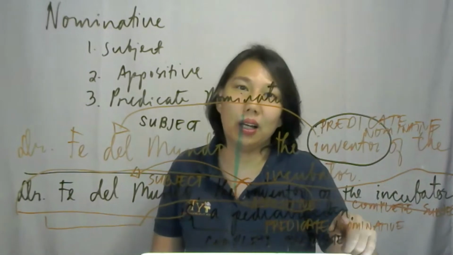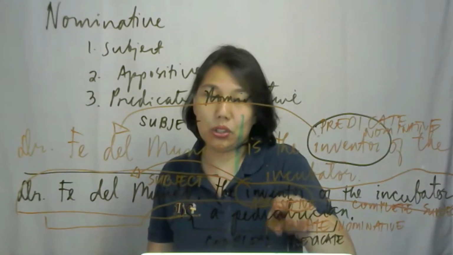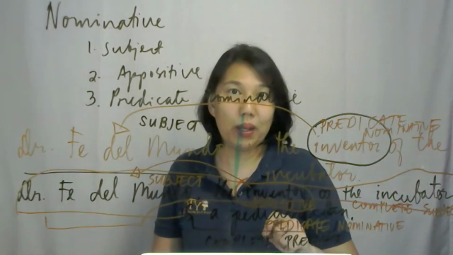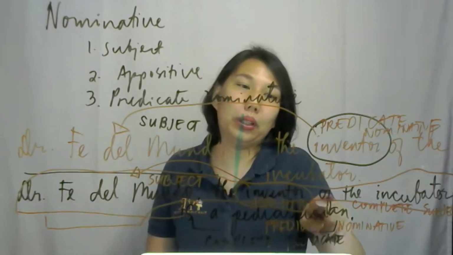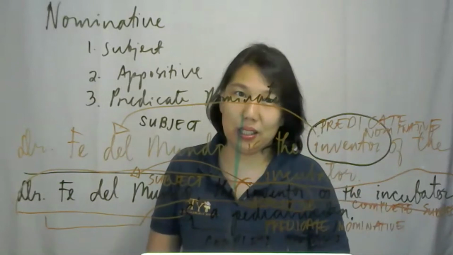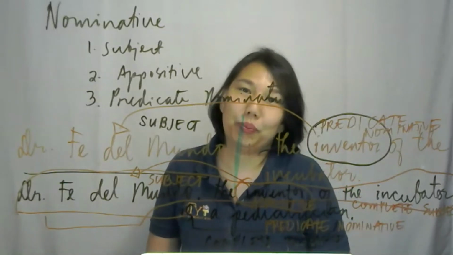Whereas the predicate nominative, in this sentence, pediatrician, renames the subject Dr. Fred Del Mundo, but this noun pediatrician is found in the predicate part of the sentence. That is why it is called a predicate nominative.